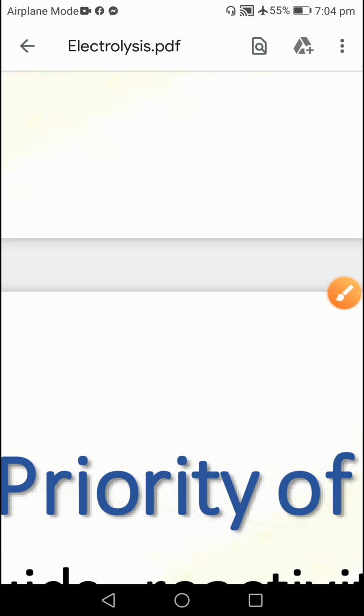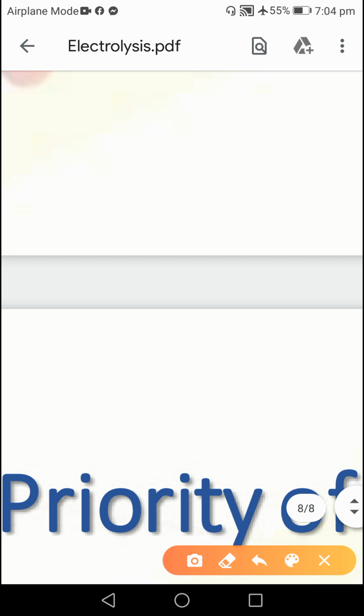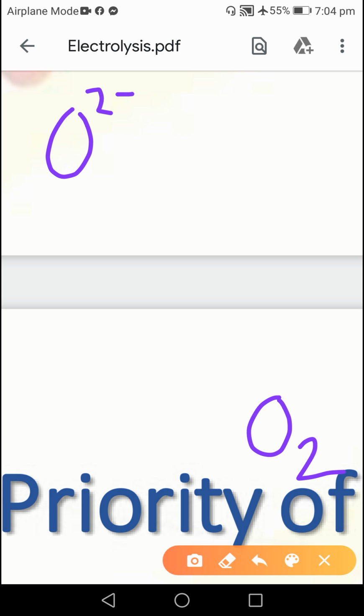Now take some time to write a discharge equation for oxygen. Just pause the video and try writing it by yourself, and remember you have to form O2. All right, welcome back. This is a negative charge, so anions are oxidized. Oxidation means loss of electrons. How many electrons it will lose depends on its charge.